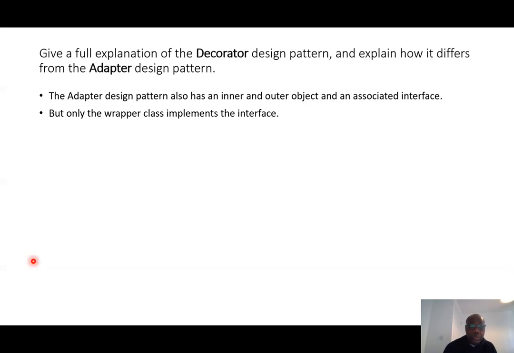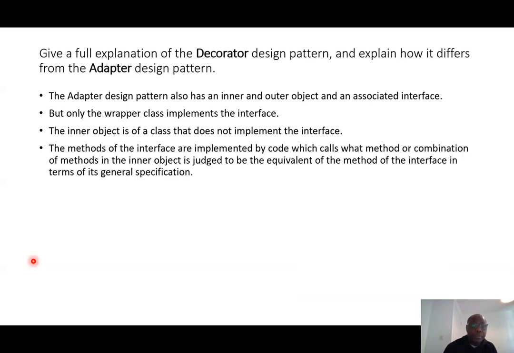So you can see the inner object is of a class that does not implement the interface. So in this case of an adapter, the inner object will be a class that did not implement that interface, unlike in the decorator, where it is a class that implements the interface.